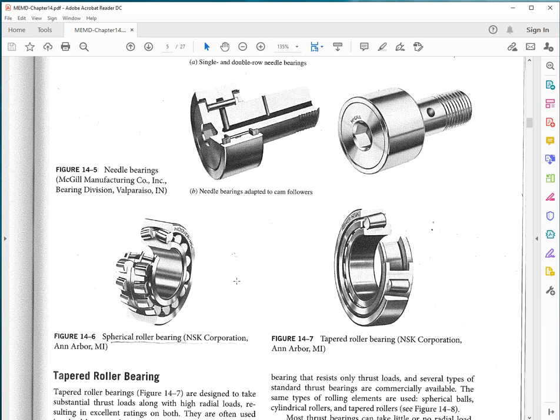Usually the inner race rotates with the shaft. The outer race is stationary, fixed to the housing of the equipment or on bearing blocks.